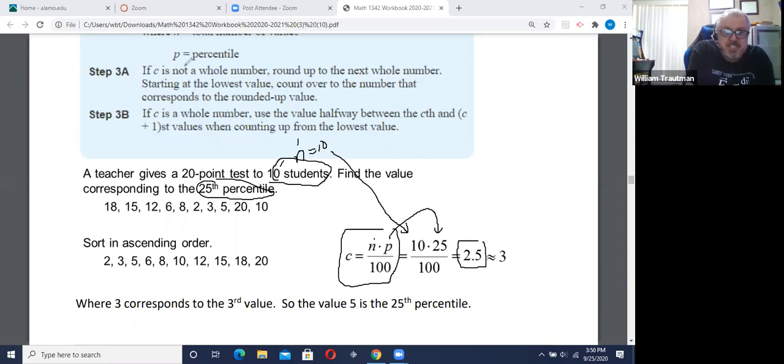Step 3a says if C is not a whole number, round it up to the next whole number. And 3, that's our third value. So 3 means our third value. Where does it say that? It doesn't tell us up here, but it should.